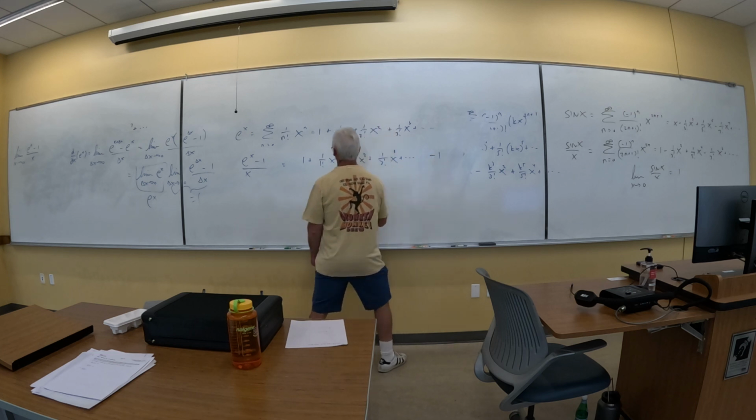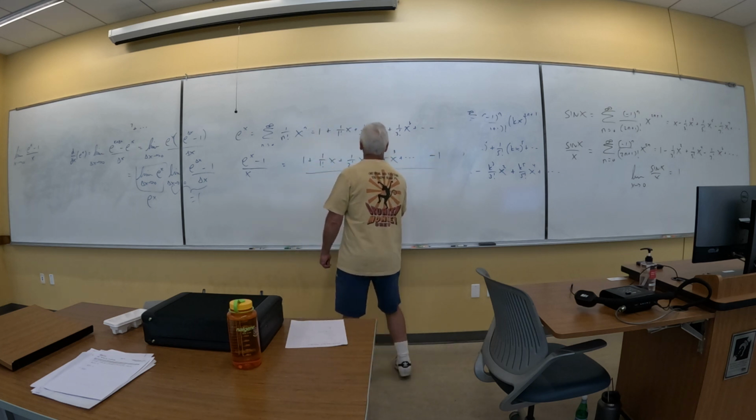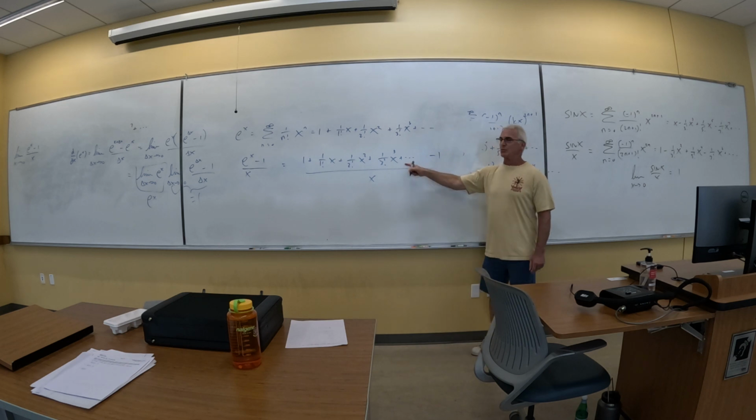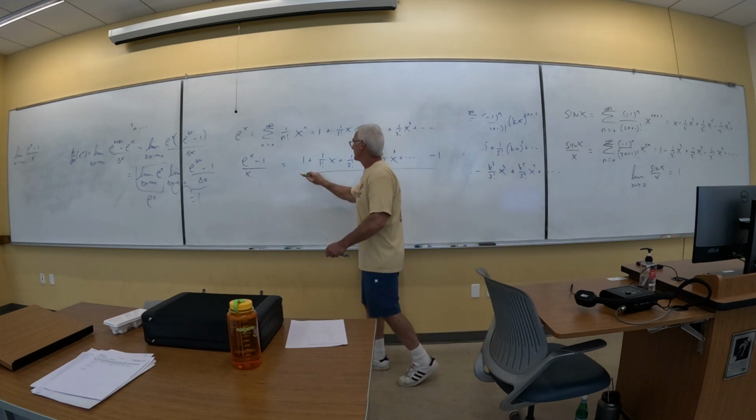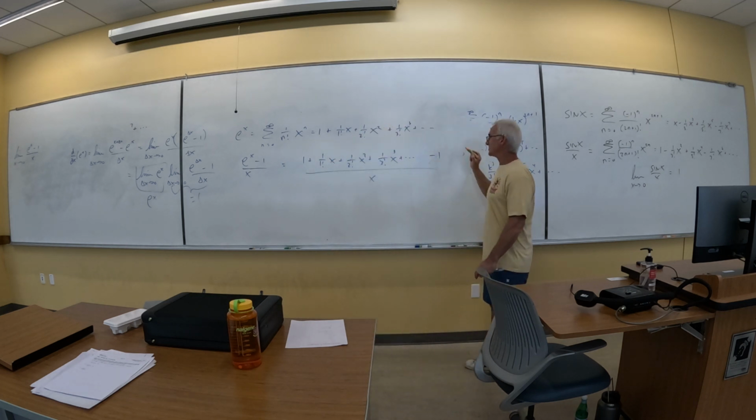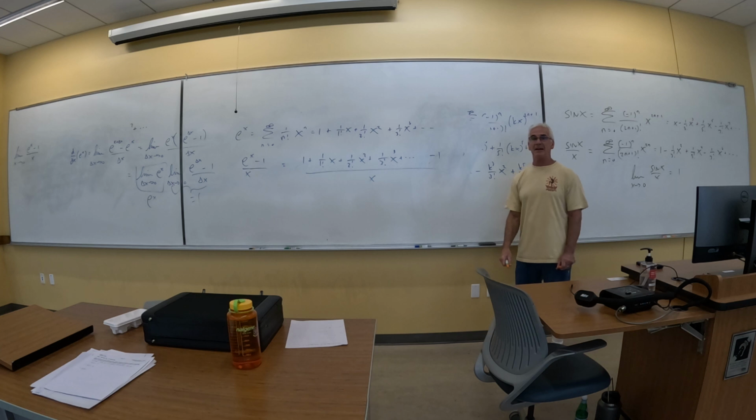Minus 1. I know that looks kind of goofy on top, but these exponents are growing without bound. But the minus 1 on top means I'm going to cancel those guys. And now everything on top has at least an x to the first power, doesn't it?